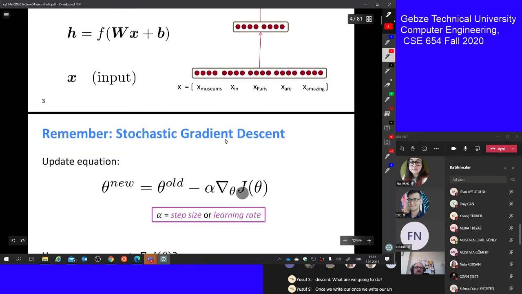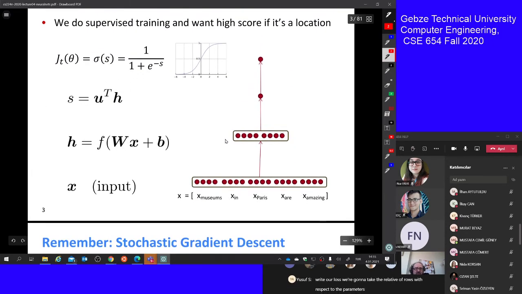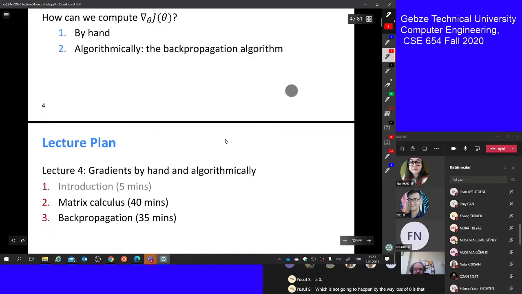Once we write our loss, we are going to take the derivative of the loss with respect to the parameters. And the parameters are this one, and that one. We are going to change our parameters in a way that decreases our loss. We are trying to reach a loss of 0, which is not going to happen, by the way. Loss of 0 is not achievable most of the time.